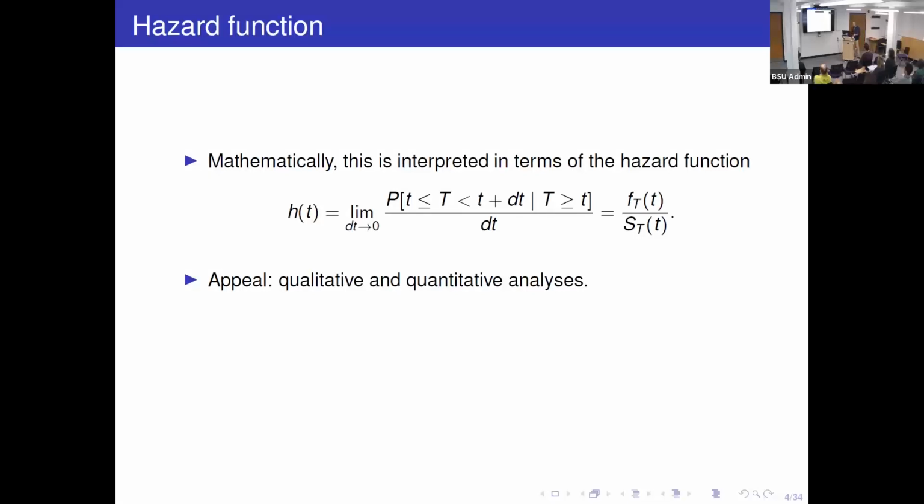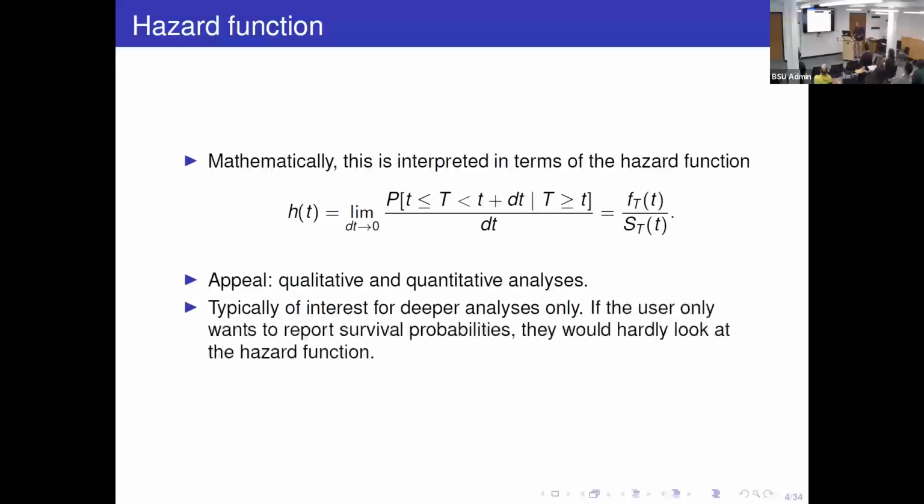That's something that I'm going to present in one of the real data examples. And then, of course, the hazard function is only of interest in deeper analysis, where you actually want to see the evolution of the disease, rather than some routine analysis where you may only be interested in calculating survival probabilities at specific time points.